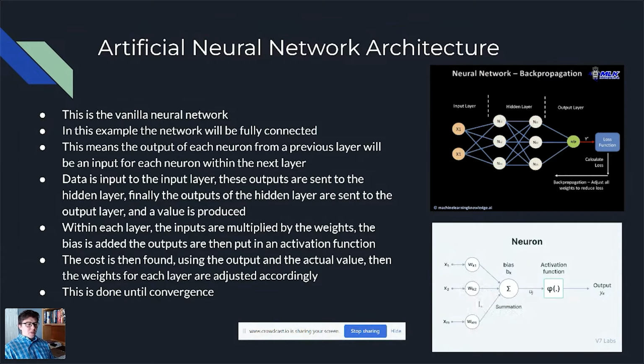But we don't want that simplicity in our neural network. We want that element of nonlinearity, so that our neural network can adjust more readily to higher volumes of data. And then we basically do this until the weights converge, or we run out of data, or we choose to end the number of epochs. So this is the basic architecture of everything we discussed in action.